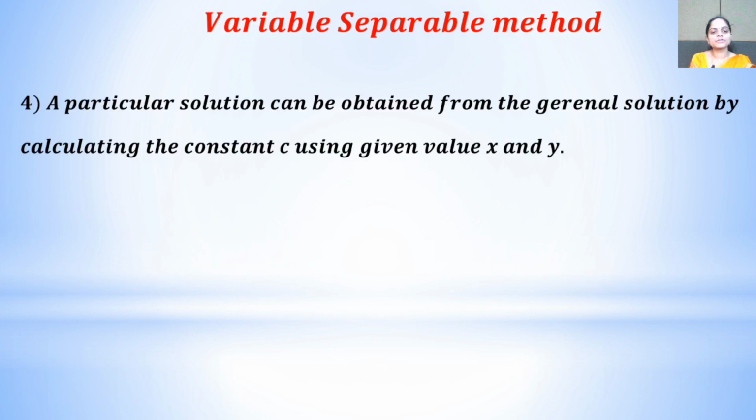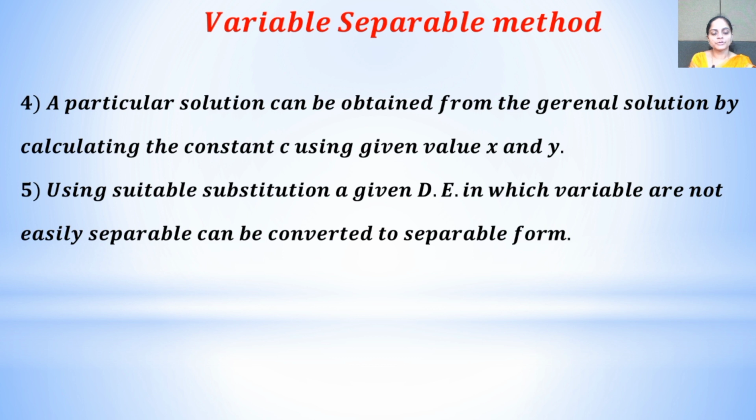A particular solution can be obtained from the general solution by calculating the constant c using given values of x and y. Using suitable substitution, a given differential equation in which variables are not easily separable can be converted to separable form.